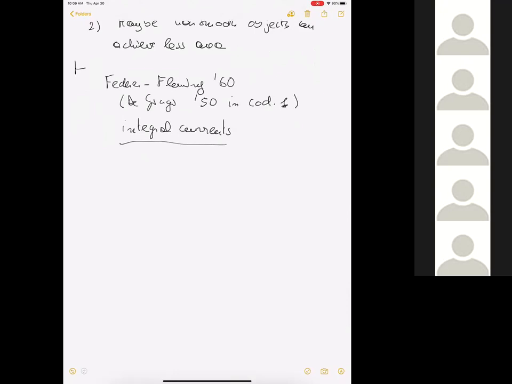So first of all, you just look at your set X, and say your set X is given by linear integral combinations of smooth surfaces with smooth boundaries.